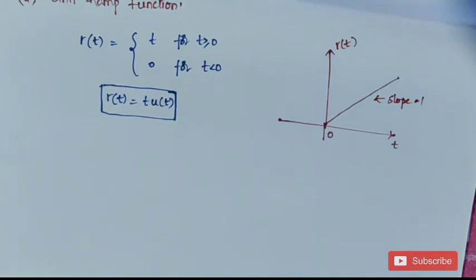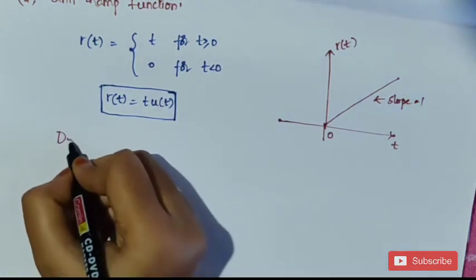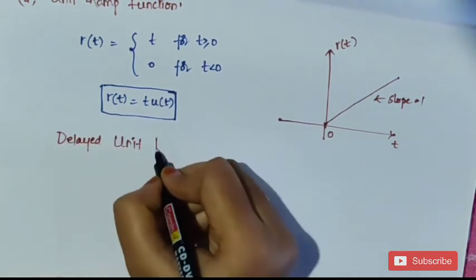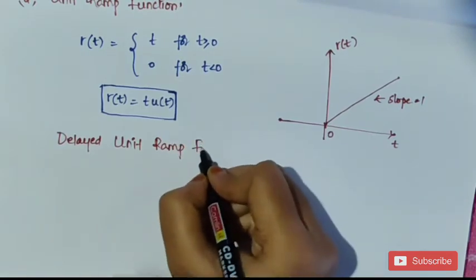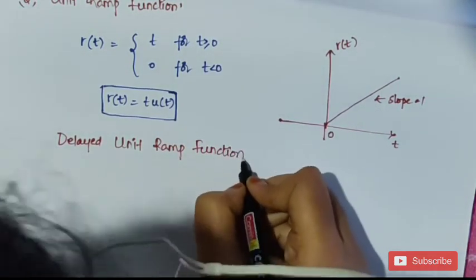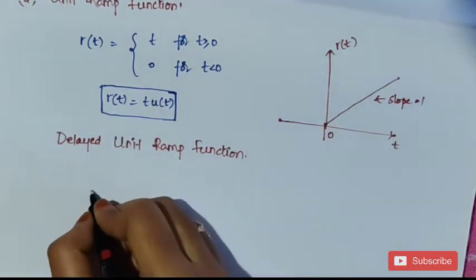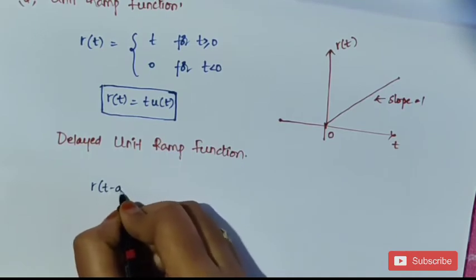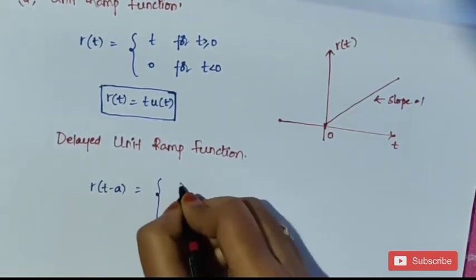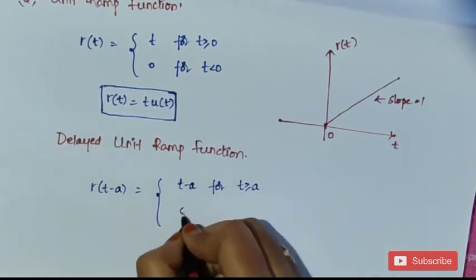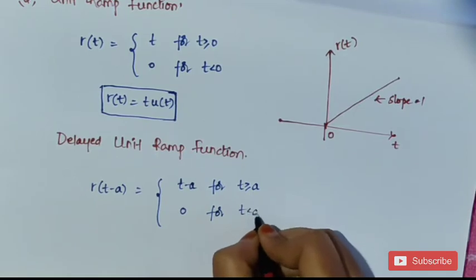Let us see the shifted version of the unit ramp function, the delayed unit ramp function. If the signal is delayed, then the signal becomes r of t minus a, which is equal to t minus a for t greater than or equal to a and 0 for t less than a.